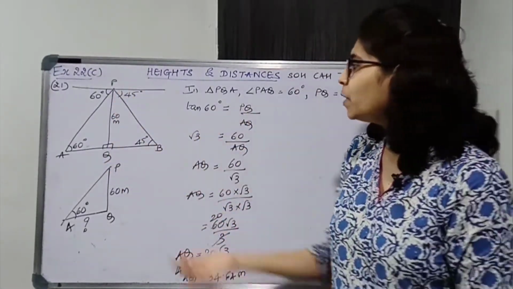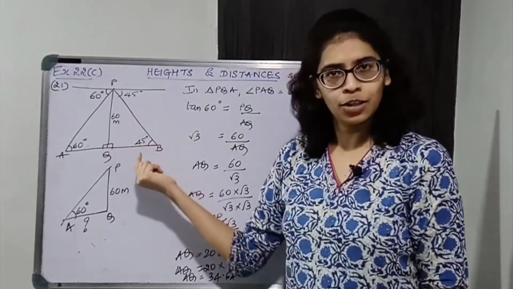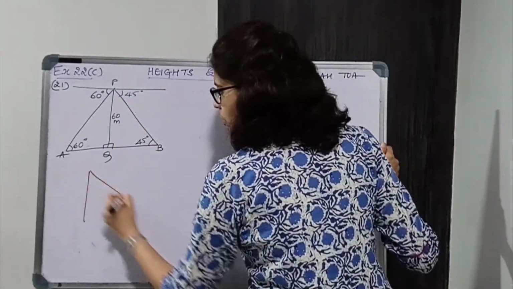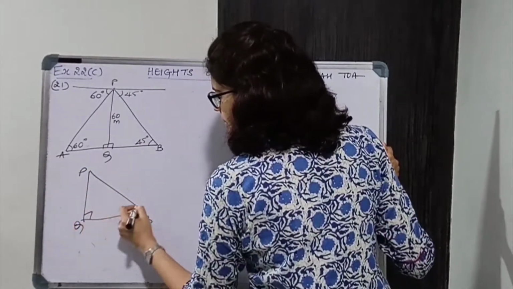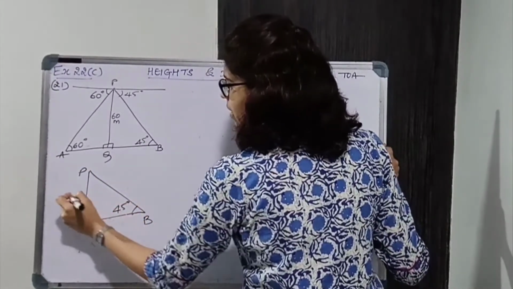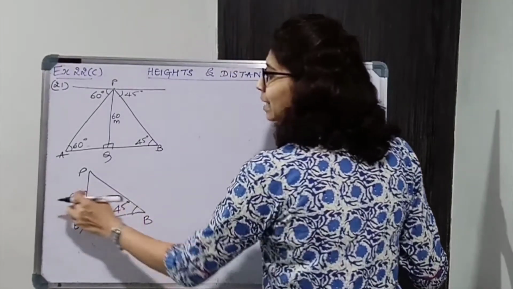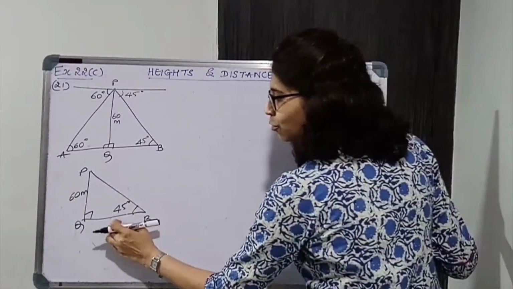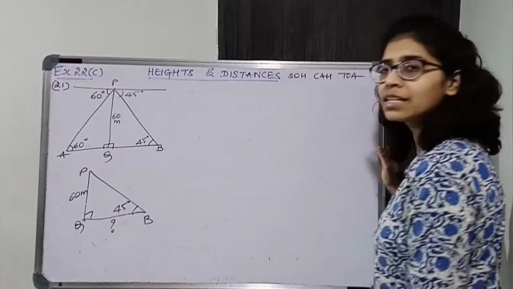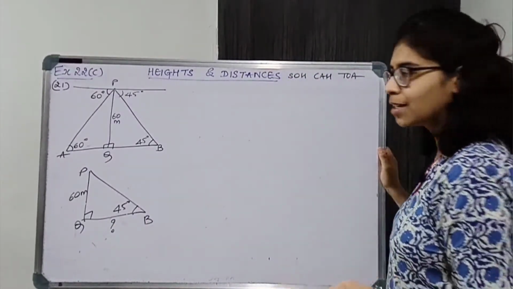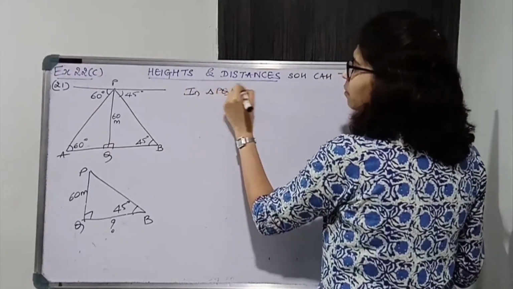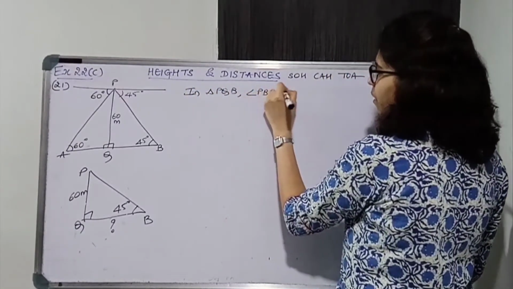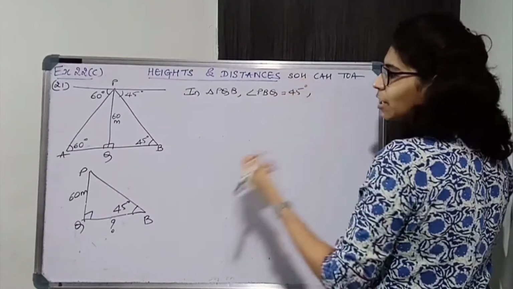Okay. Now we'll consider PQB and find QB. So considering PQB, this is 45 degrees, this is 60 meters. Angle का opposite we know, we need to find adjacent. So opposite and adjacent का relation again tan. So write down in triangle PQB, we know angle PBQ, it is 45 degrees. Always write down the given information.